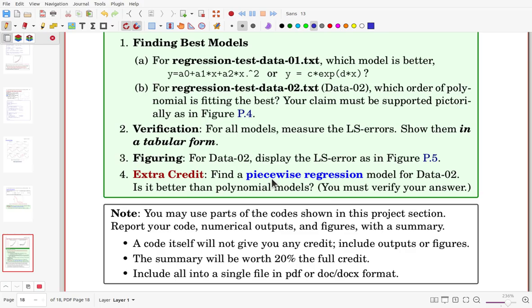If you don't add the output results, then I'll not give you any credit. The summary will be worth 20 points, the full credit. So it is 20 points worth. And include everything in a single file in PDF or Microsoft document format.